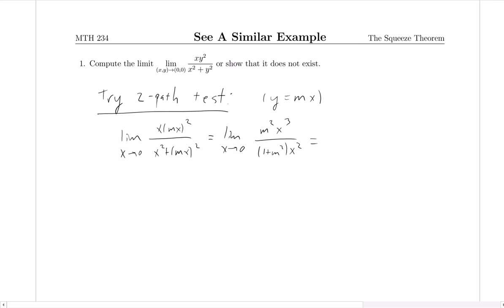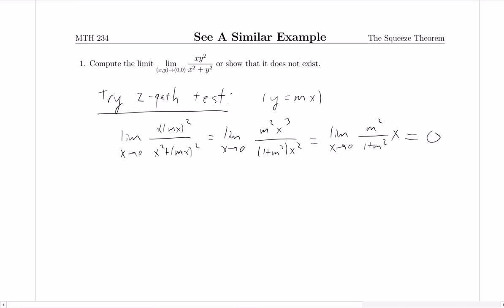And we can cancel an x squared on the top and bottom. M squared over 1 plus m squared times x. And now, as x goes to 0, this limit is just 0 for all possible values of m. So all paths of approach give 0.